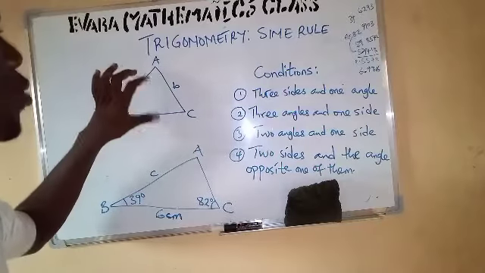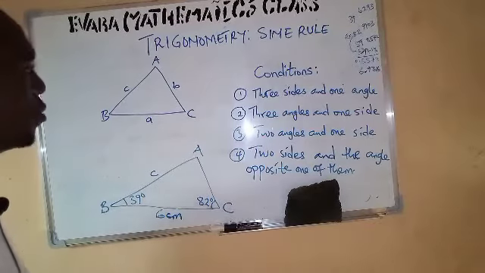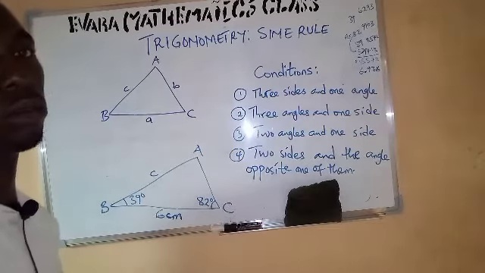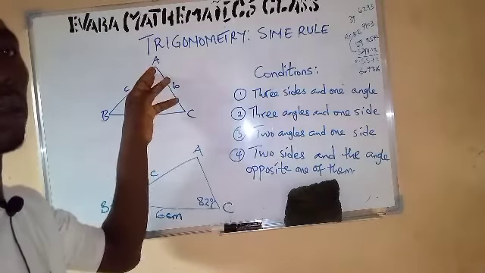When you have a triangle ABC this way, the sine rule is talking about the ratio of each side and the corresponding angle.